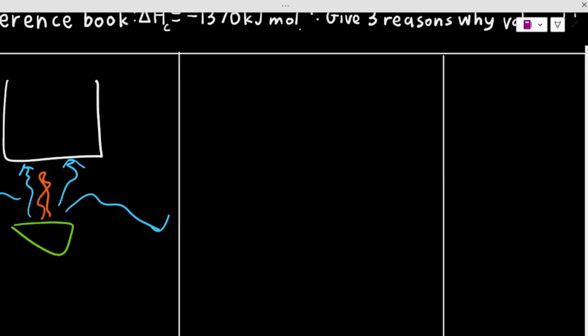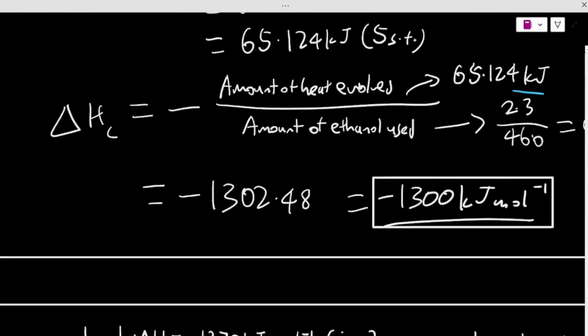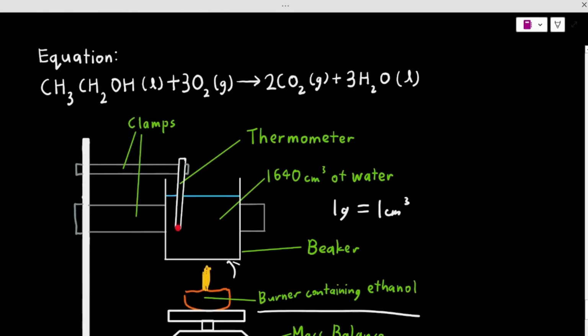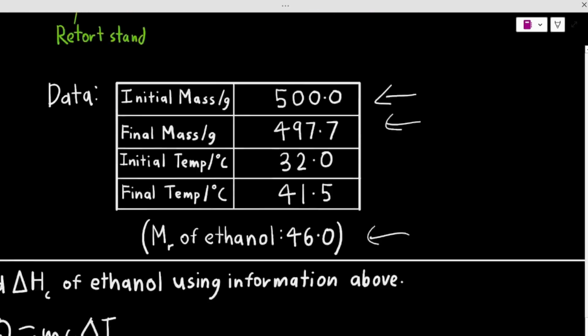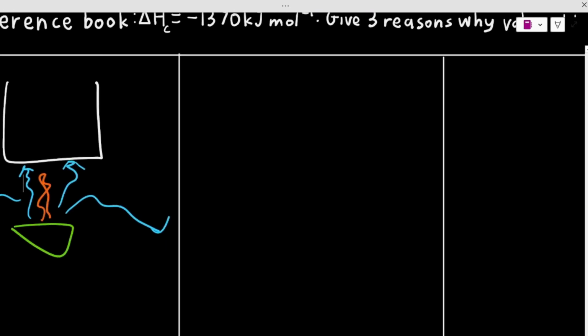Second, let's think about this equation right here. We have ethanol undergoing combustion to give us carbon dioxide and water. In reality, sometimes it would not undergo complete combustion.